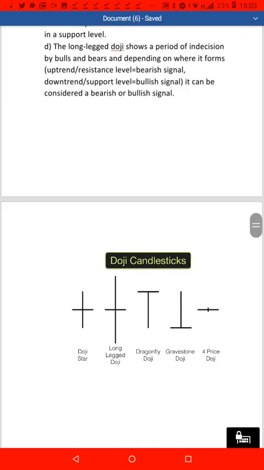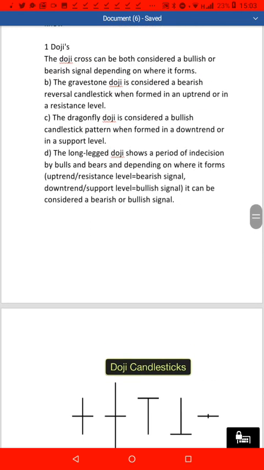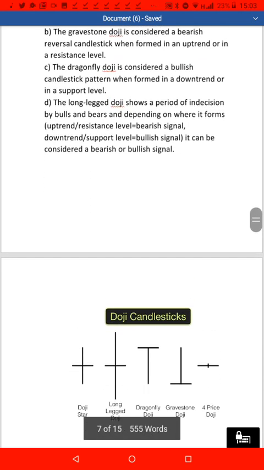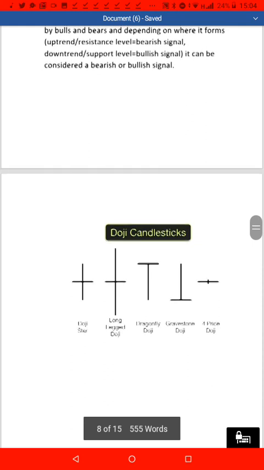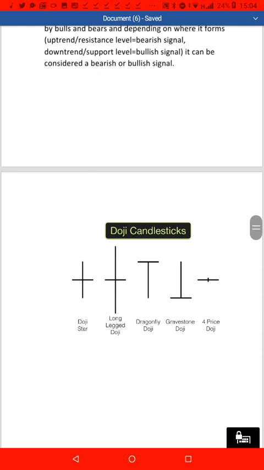And then we have a dragonfly. A dragonfly is considered bullish. Here it shows you that the market opened high, and then it went down, and then the bulls put in the force to go up, so it created this type, and this is a signal that the market now is going up.